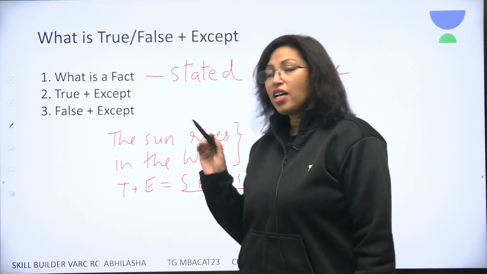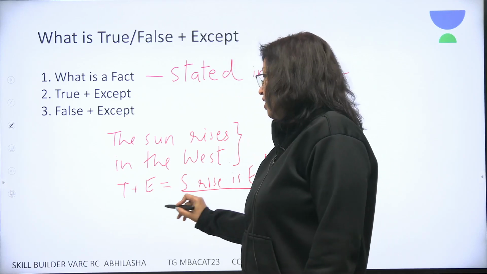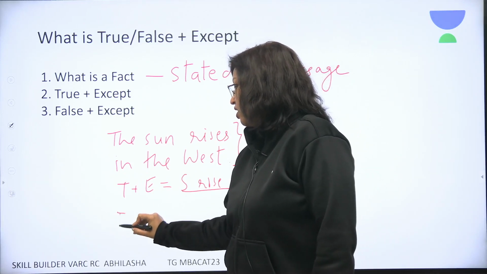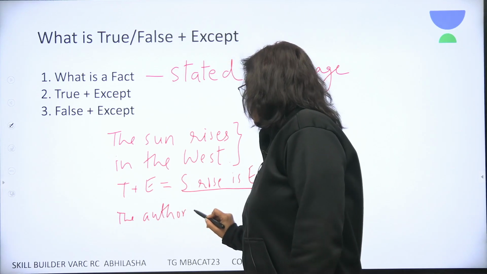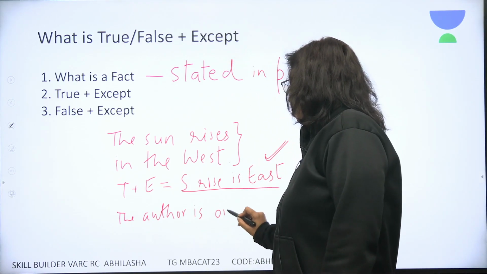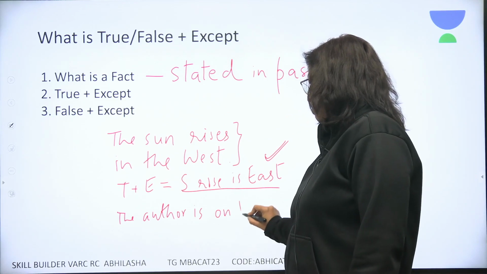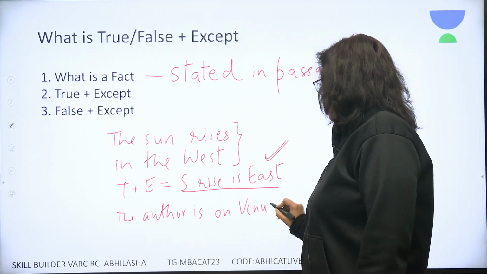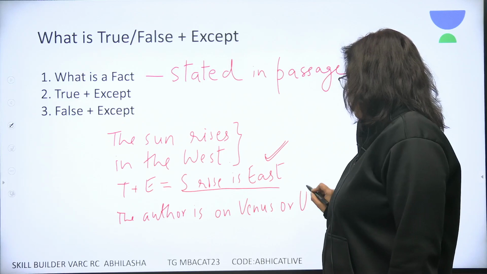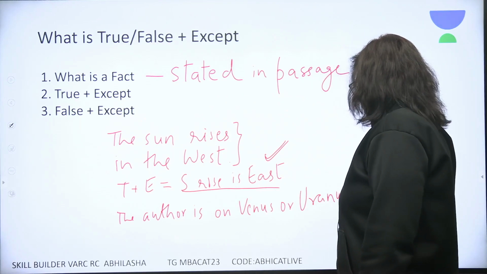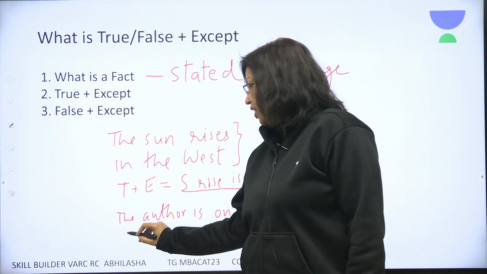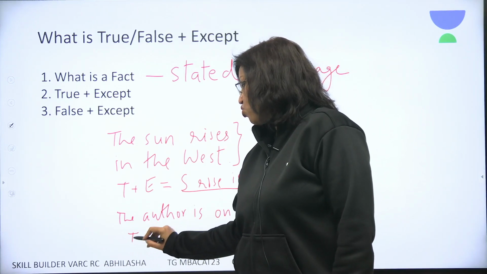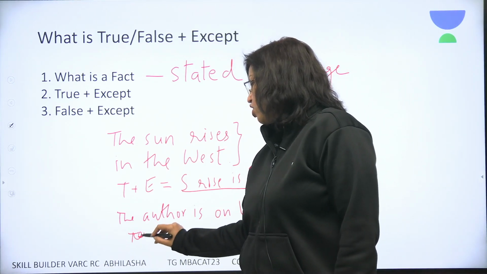Now if they had asked you inferred to be true and the statement had said that the author is on Venus or Uranus. Okay. And if it had said find it if this is true or this is true or false.